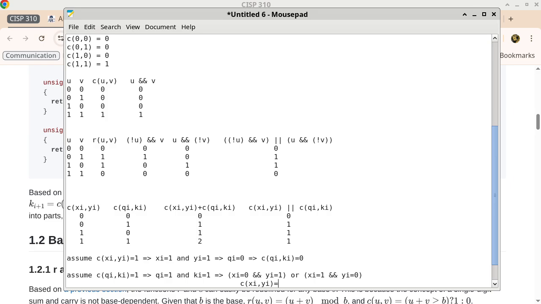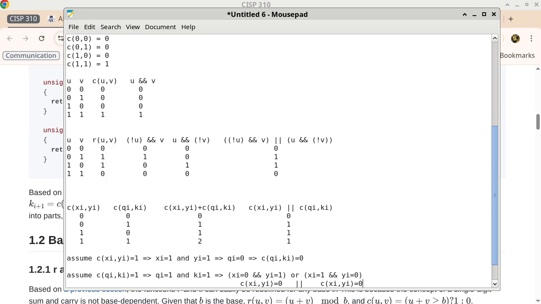It has to be a 0 because the C function is a conjunction. What about the other one? What if Xi is a 1, Yi is a 0? What is the C of that? C of Xi, Yi in this case is also a 0. So now I ask you, what is 0 or 0?